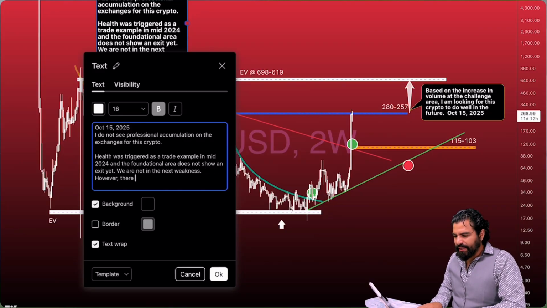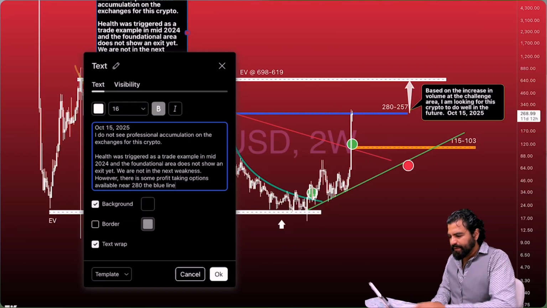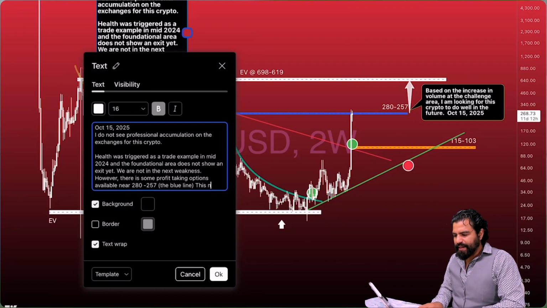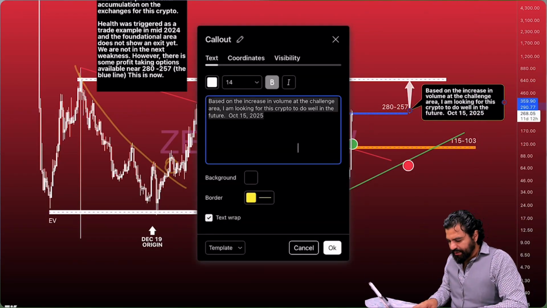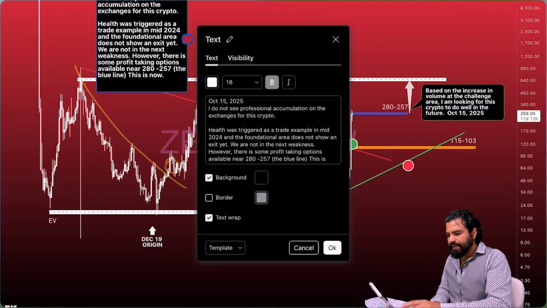However, there is some profit taking options available near 280, the blue line, 280 to 260, 257. This is now. And then we want to remember that this is going to challenge again in the future.